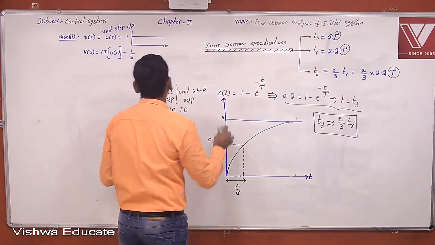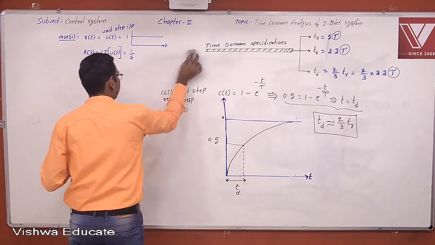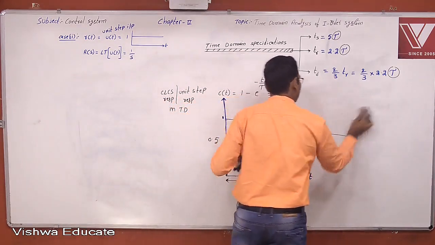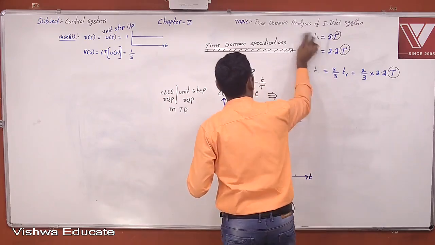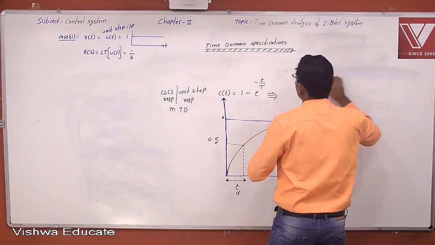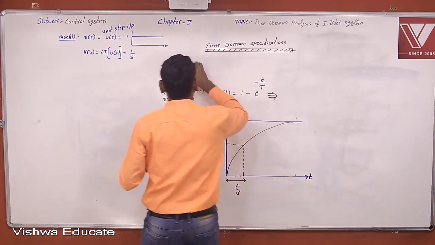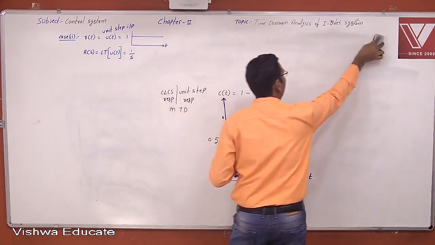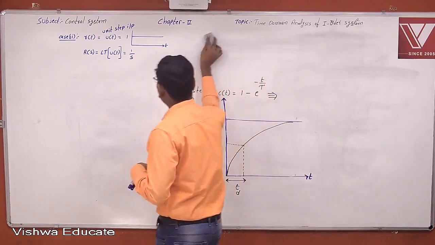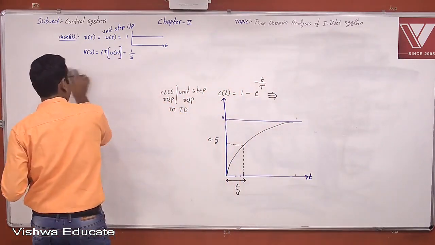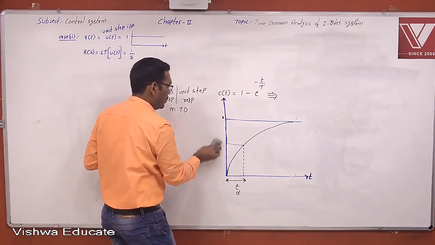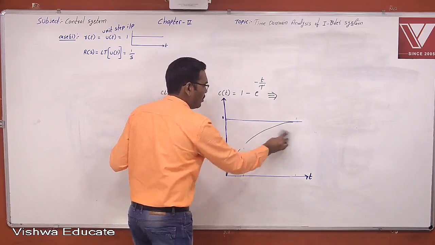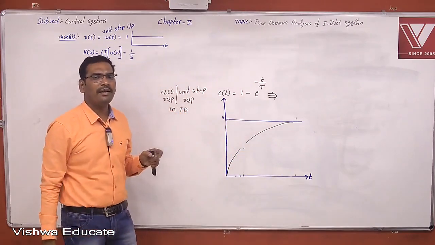Then we will see the error analysis. Steady state analysis, error analysis means what? The calculation of error and steady state error is the job of steady state analysis. Now tell me, is there any scope of finding the steady state analysis?